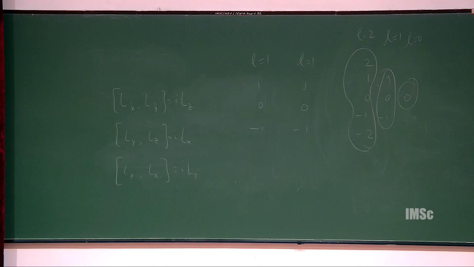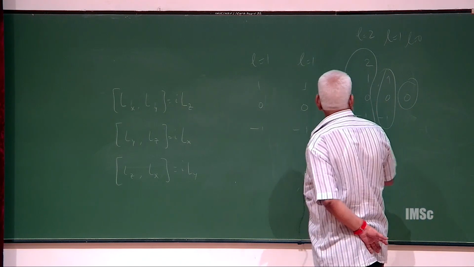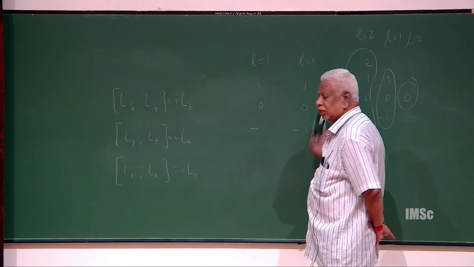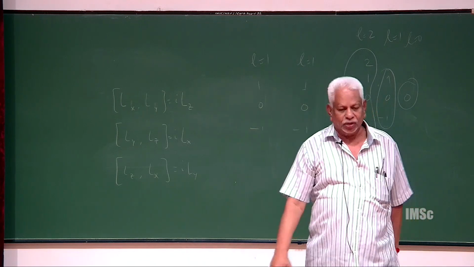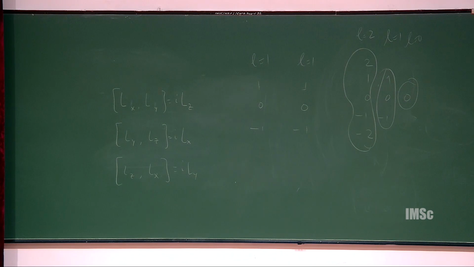Okay, this is the thing. Now, when I say spin 2, spin 1, etc., when I write down a matrix for this combination, I should be able to get a spin 2 object in it, a spin 1 object in it, and a spin 0 object in it. Okay.